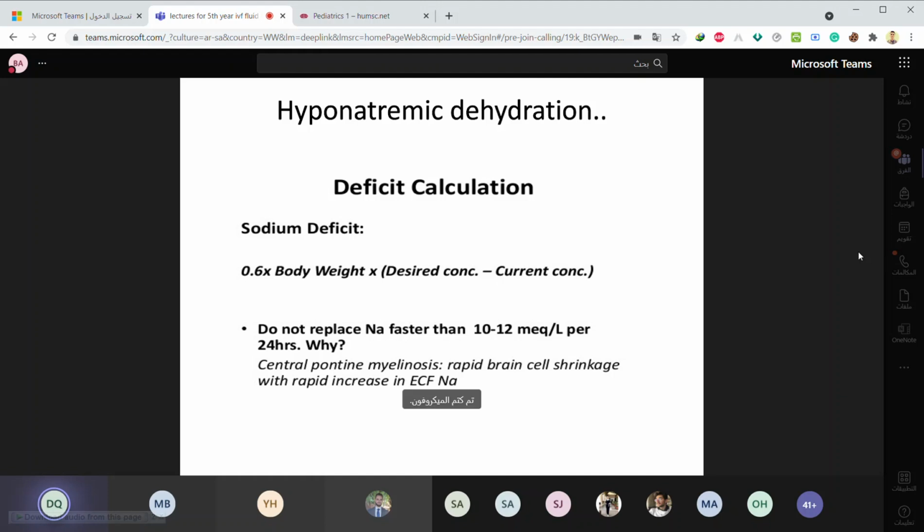Because there is an entity called central pontine myelinosis, rapid brain cell shrinkage with a rapid increase in extracellular sodium. Because in chronic hyponatremia the brain cells try to adapt, if we correct it rapidly, we will complicate the process by shrinkage of brain cells, and the patient will develop seizure, coma, and certain CNS damage.